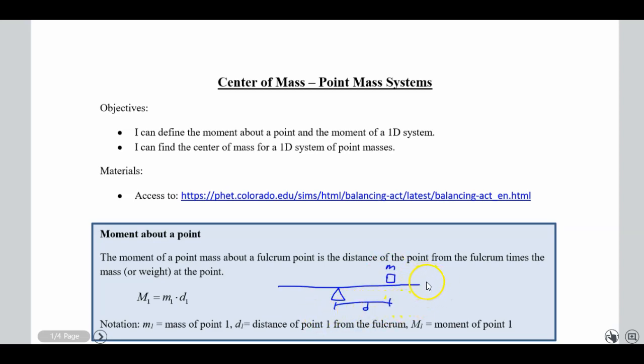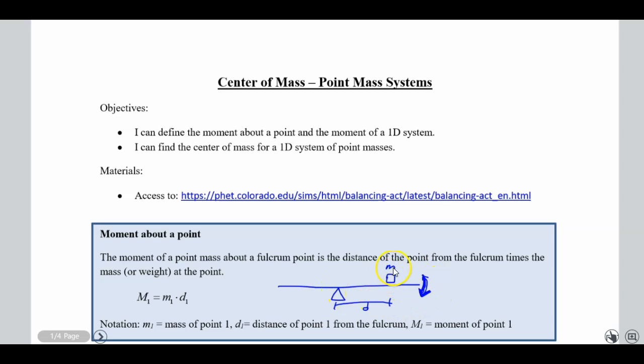Now, what the moment tells you is the tendency this has to rotate either up or down around that fulcrum point.